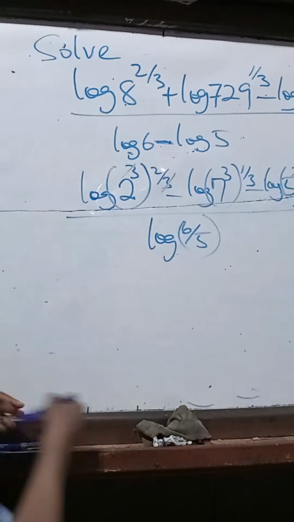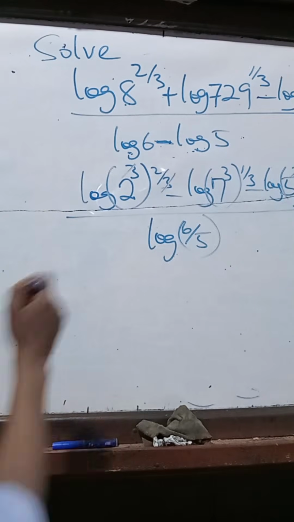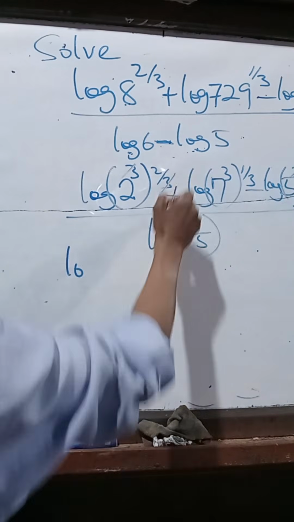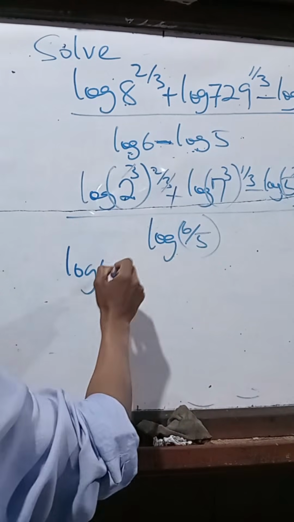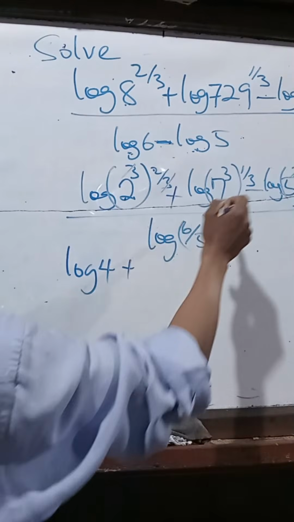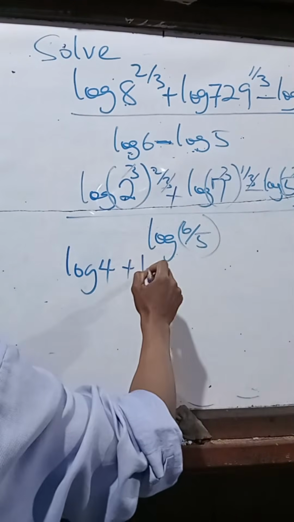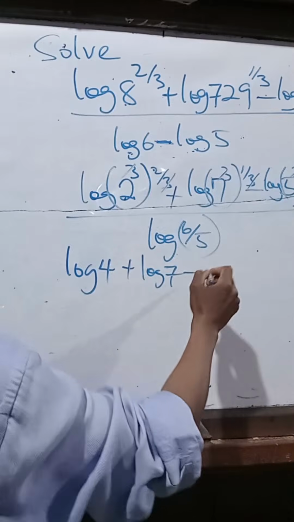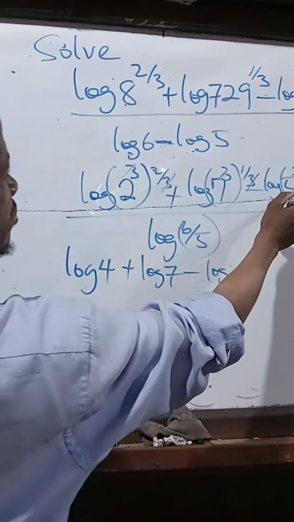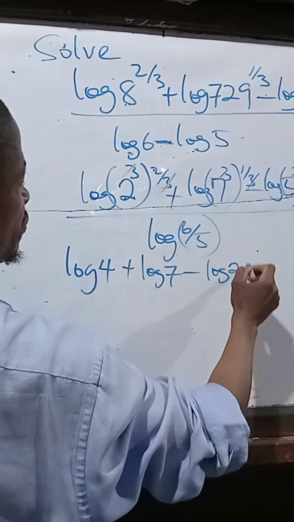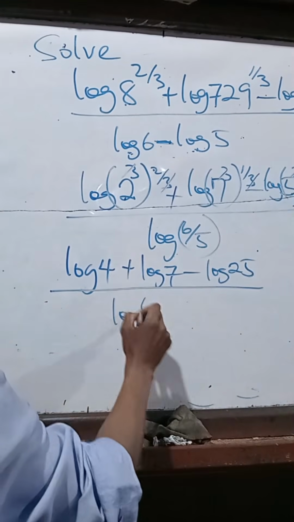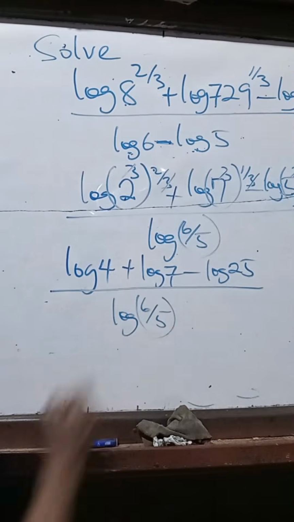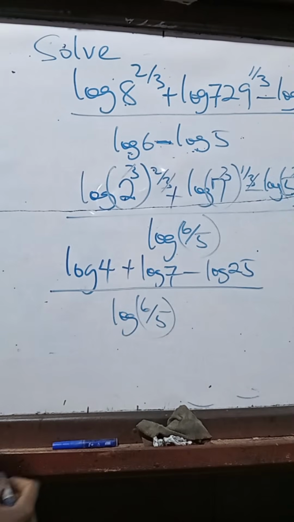So this will now give us what? Log, this is plus. Log 2 to the power 2, that's 4. Plus, this one we cancel. That's a log 7. And then minus what? Log, this will remain 5 to the power 2. That's 25. All over log 6 over 5.